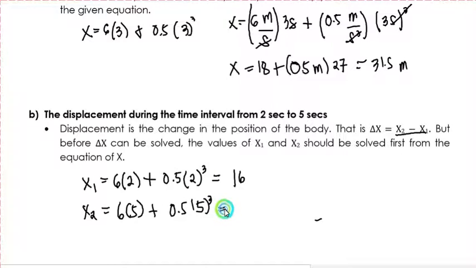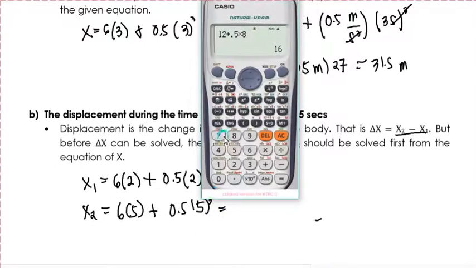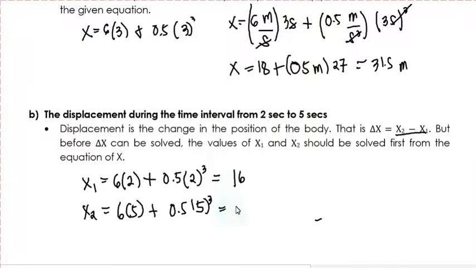Using the calculator, we will have 6 times 5 plus 0.5 times 5 cubed. So this will be equal to 92.5. So our x sub 2 is equal to 92.5.